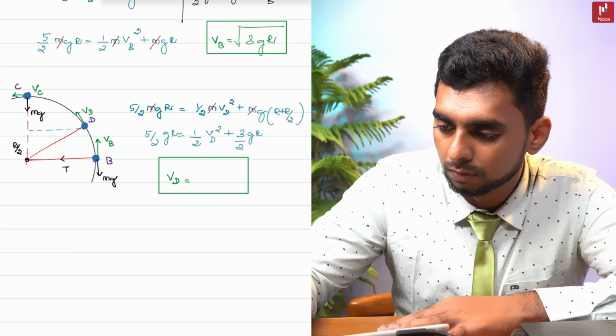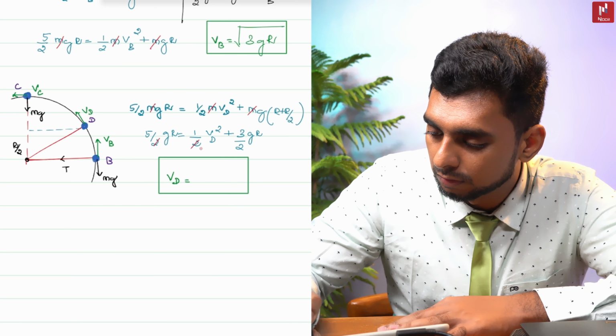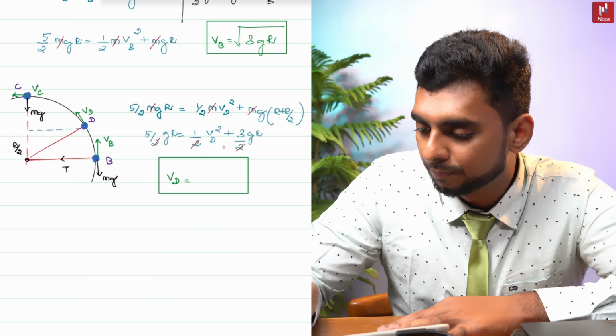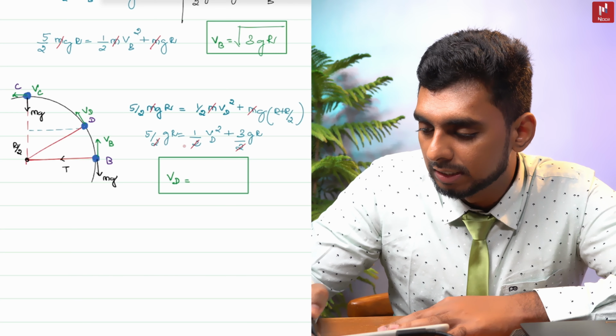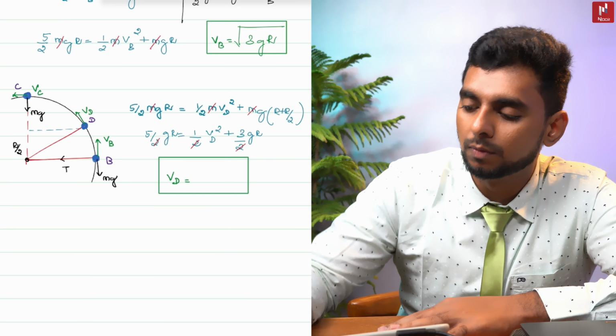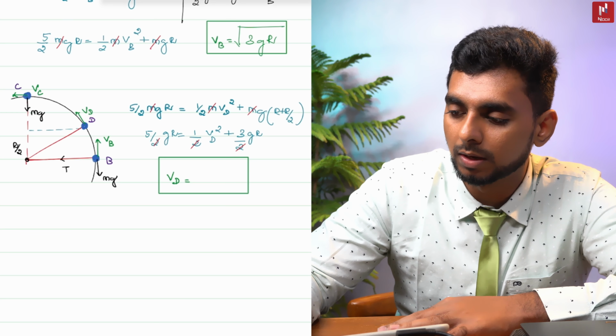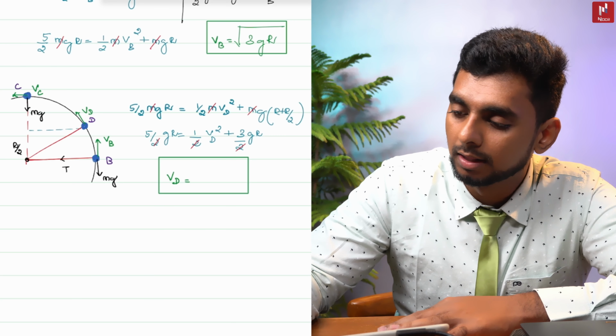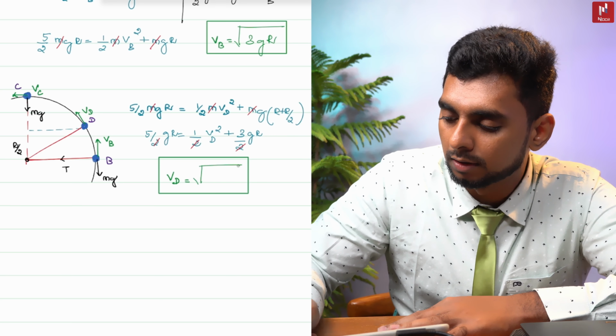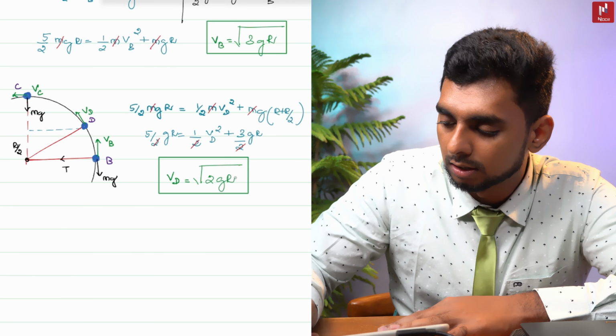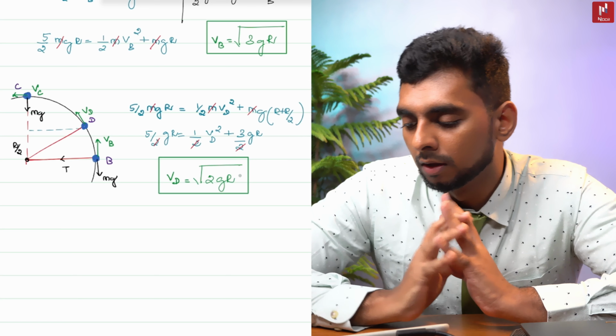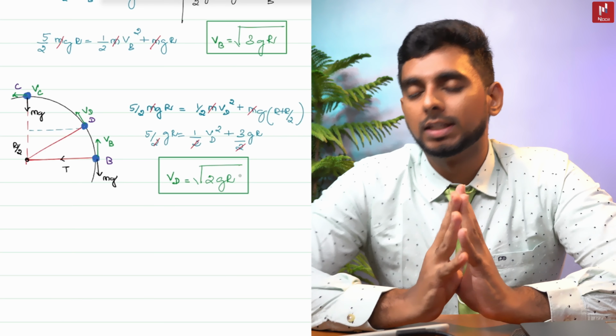The 2 will also get cancelled out. So we just have 5gr minus 3gr, that will give you 2gr. So vd square will be equal to 2gr. Therefore vd will be equal to root of 2gr.